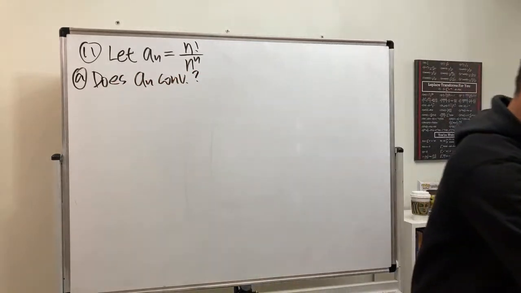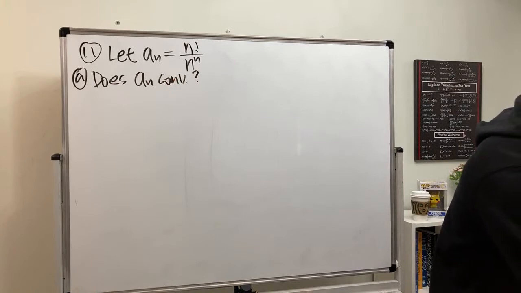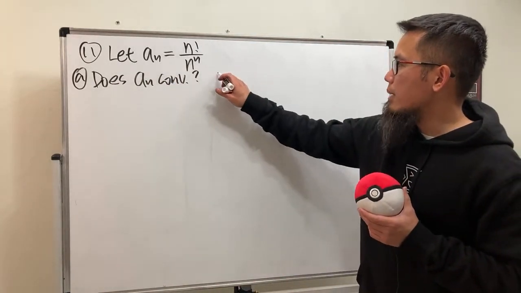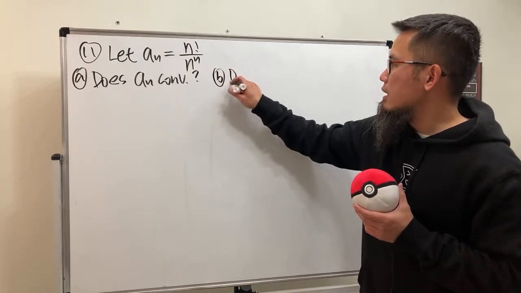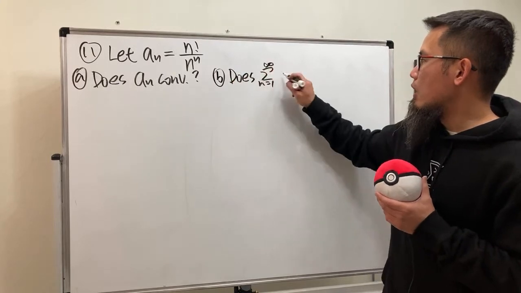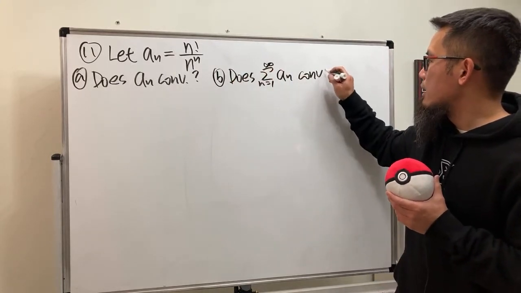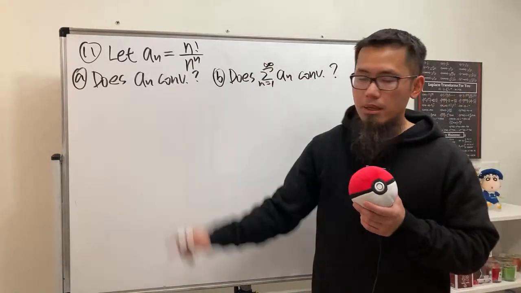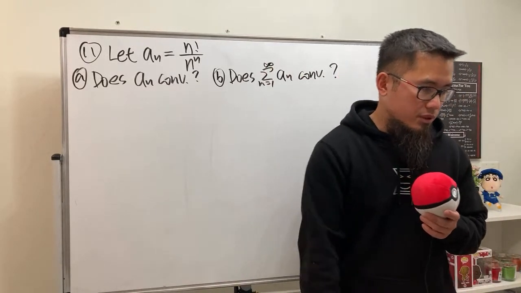What do you guys think? And perhaps I'll also write down part B here. Does the series of an converge? Okay, so let me know what you guys think. Part A, converge or diverge?